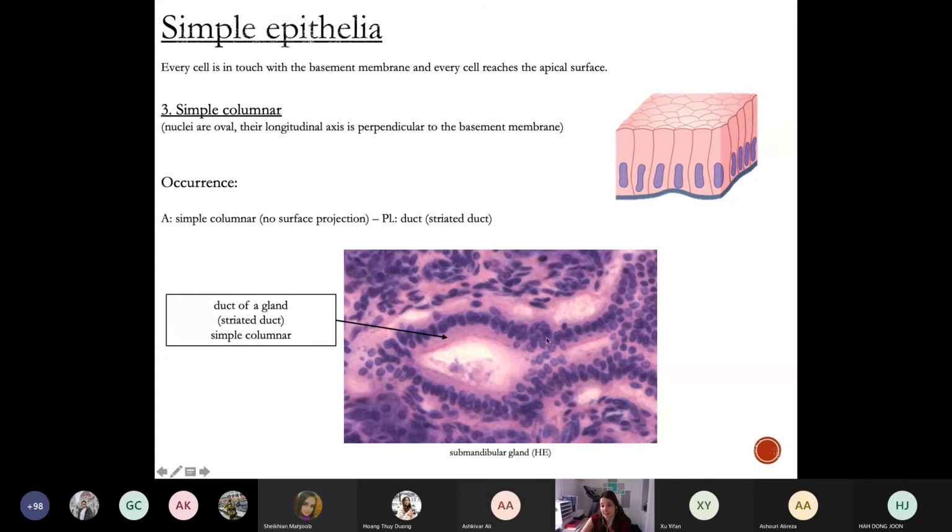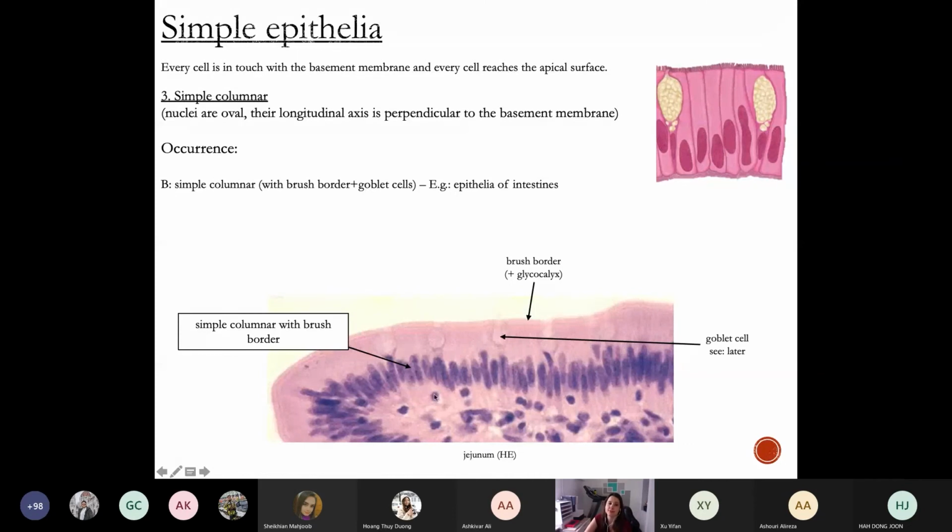This duct is an example of simple columnar epithelium with no surface projections. And for example, here in the second slide, which is from the jejunum, from the small intestine, we can see a simple columnar epithelium with a brush border. It means that it has many, many microvilli on the surface. Again we have these elongated cells with oval nuclei, and on top of them we can see a very nice layer of microvilli.